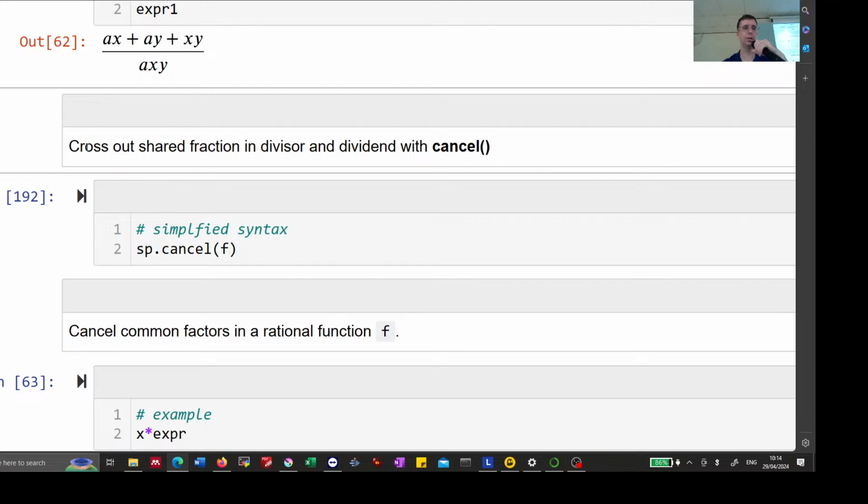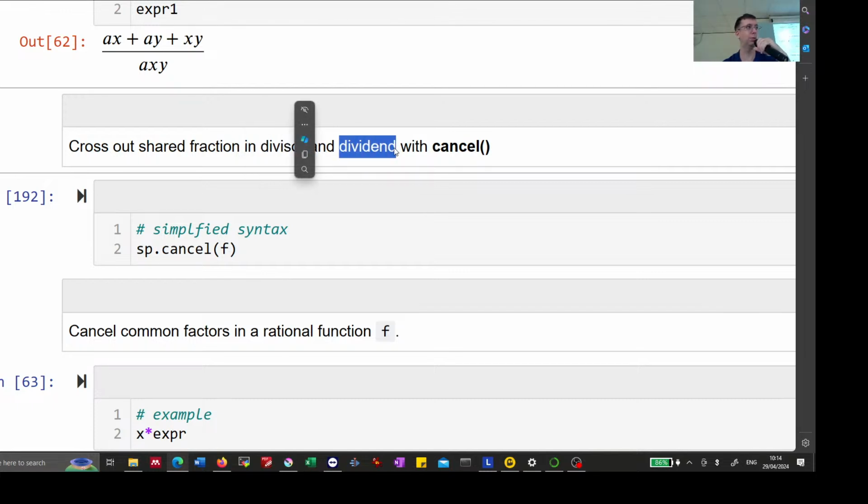So cancel, cross out shared fraction in divisor and dividend. So sometimes you can cancel out, like factor out a factor of x in the divisor and the dividend. So when you know what's a divisor, I think you can guess now what's here referred to as the dividend. I think that's the thing on top.